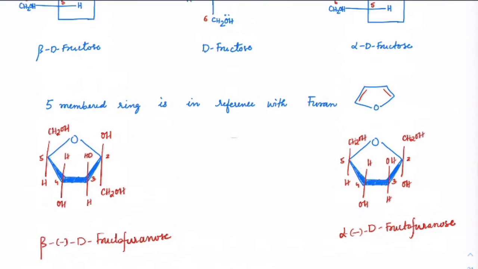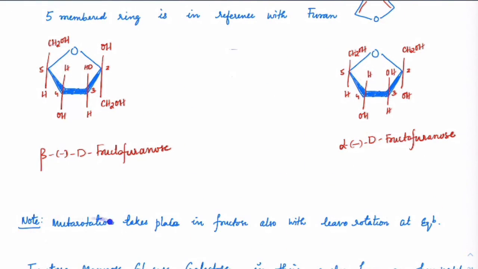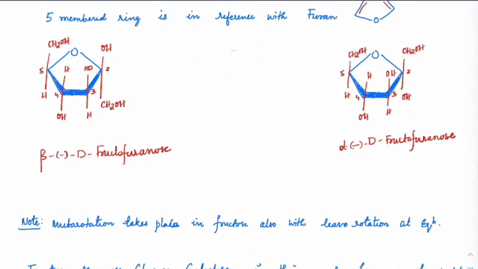Same way, if you take the pure form of D-fructose straight chain and take its aqueous solution, it will convert into beta, it will convert into alpha. So which means it is also undergoing mutarotation. And finally, at mutarotation, it will show a levo-rotation, which means overall its angle is negative. I think all of you understood that.